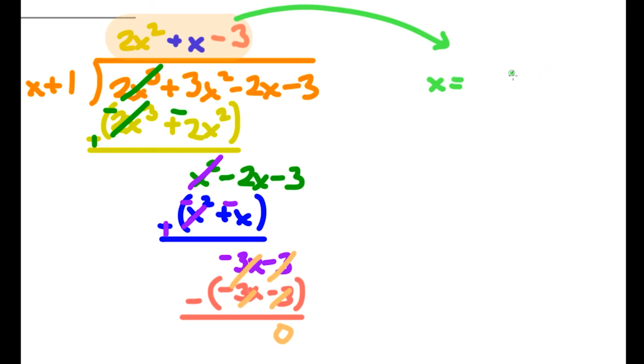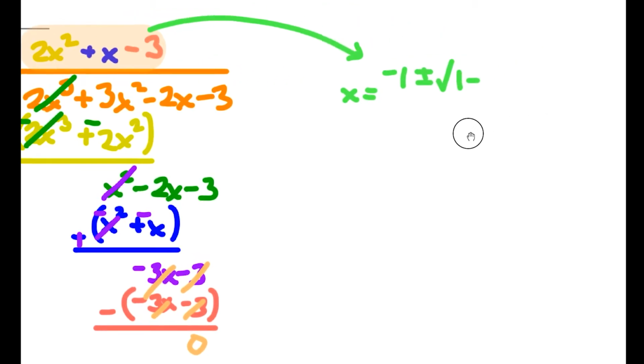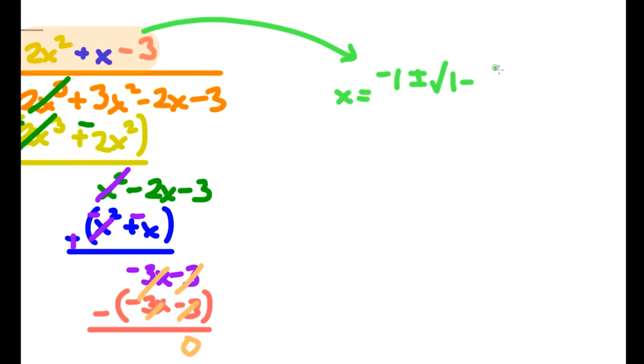So it's going to be x is equal to negative b, which is negative 1, plus or minus the square root of b squared, in this case it's just going to be 1, minus 4ac, which is going to be 4 times 2 times negative 3, which is negative 24, so that becomes a plus. We're doing the square root of this, and then we're dividing it by 2a, which is 4. Okay, from here, this is the square root of 25, which is just going to be 5.